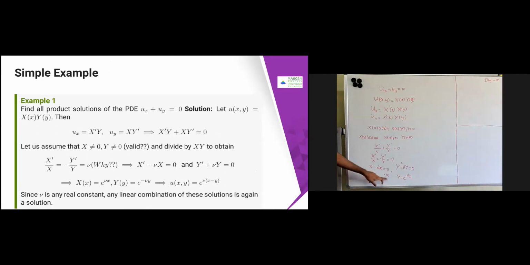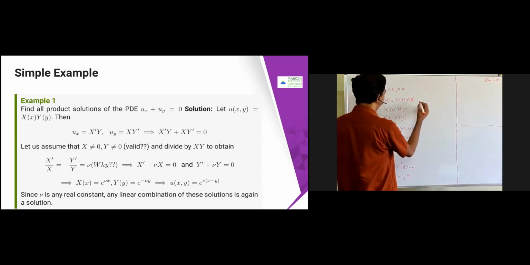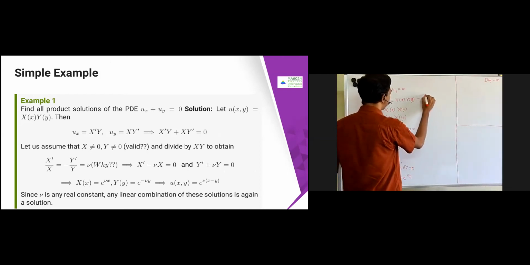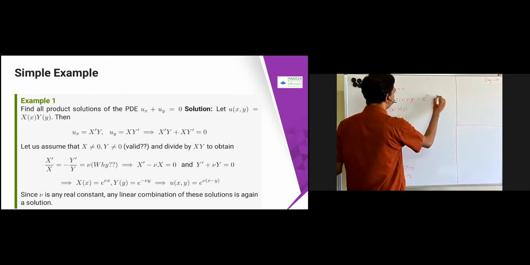This is with respect to x, so I'm putting x here, and this is with respect to y, so I'm putting y. Then I substitute over here. So this is going to become e power mu x into e power minus mu y. I can write it as e power mu into x minus y.